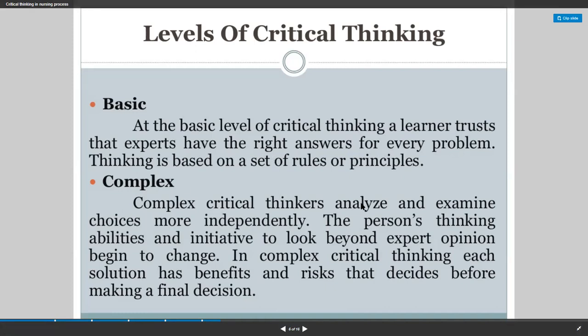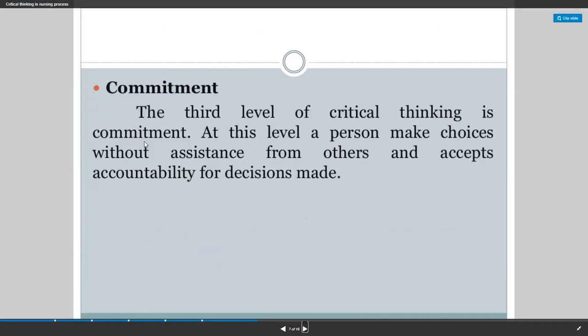But complex thinkers analyze and examine the choices more independently. So, in complex critical thinking, each solution has a benefit and risk that is weighed before making any final decision.